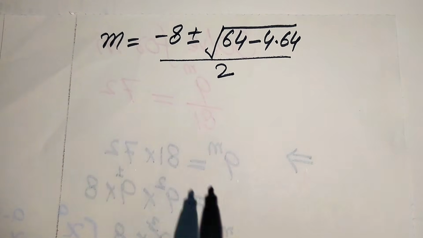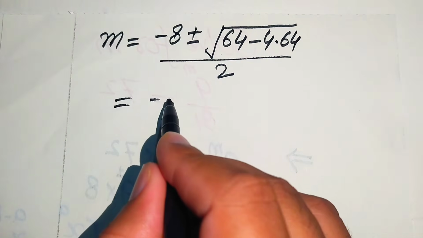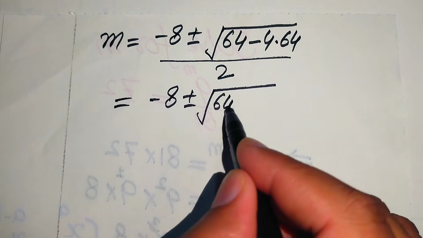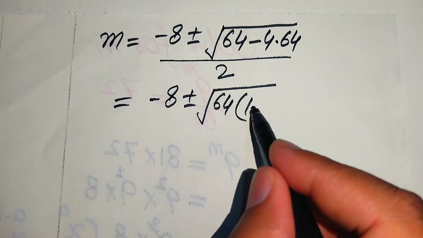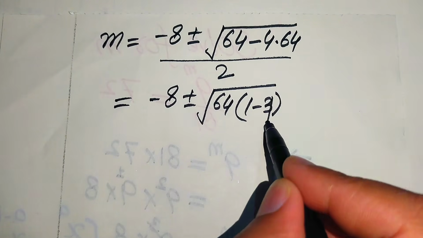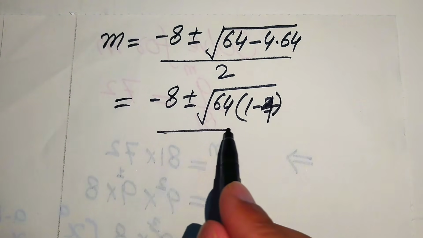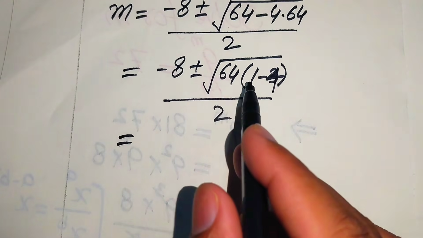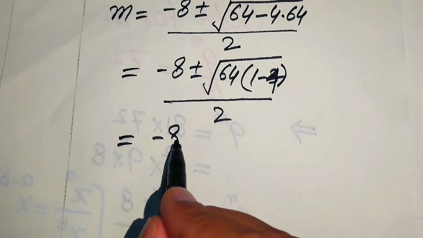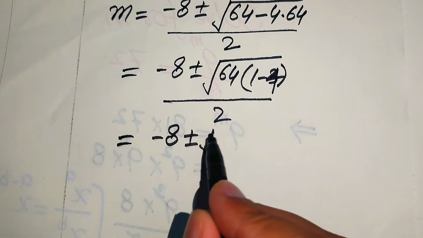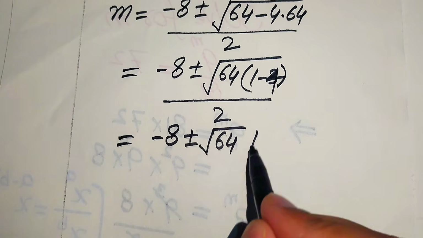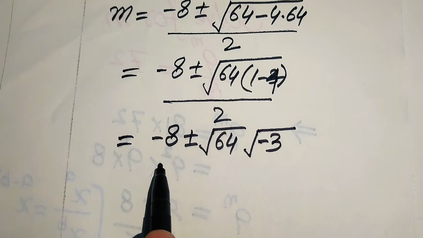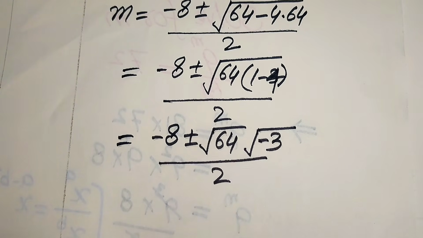In the next step, inside the square root sign we have 64 as the common term, so we take it out, and the remaining values are 1 minus 4, divided by 2. Here we break the square root sign, and it will be written as minus 8 plus or minus square root of 64 times square root of 1 minus 4, which becomes minus 3, divided by 2.